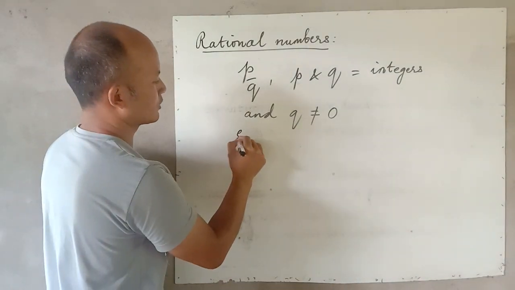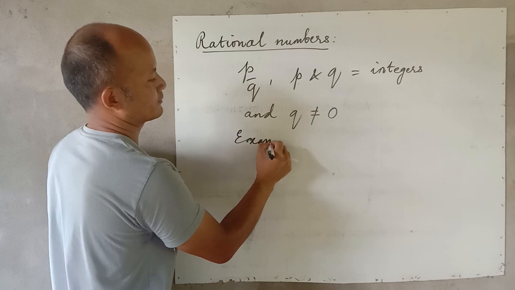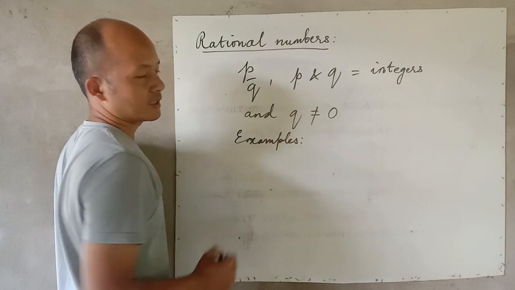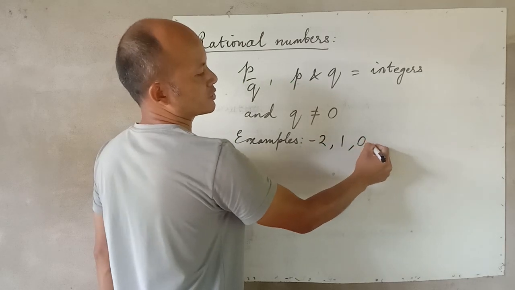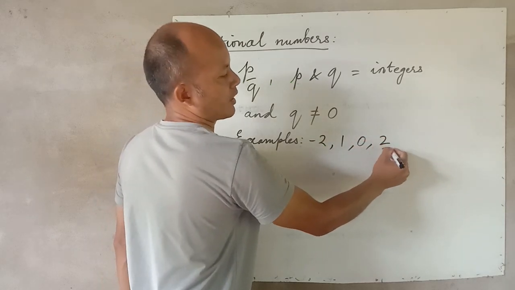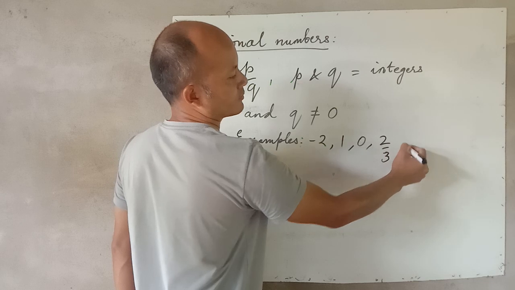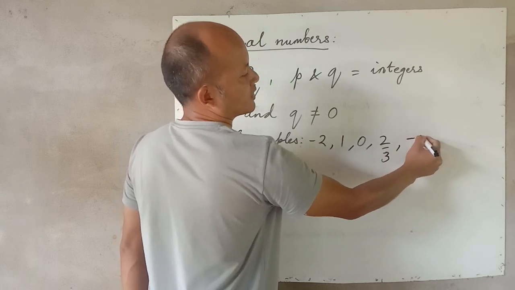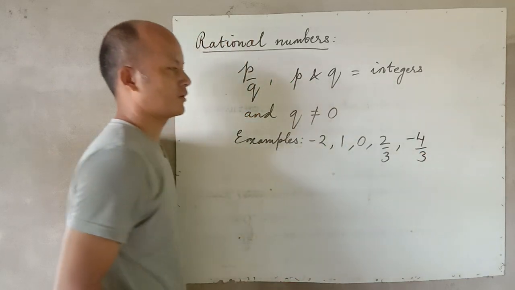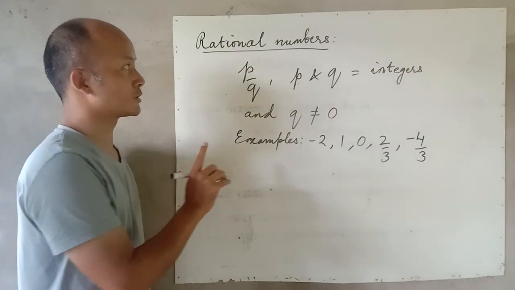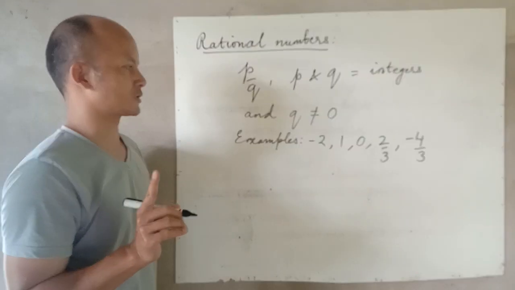And your examples will be -1, 1, 0, 2 by 3, -4 by 3. Alright, these are your examples for rational numbers.